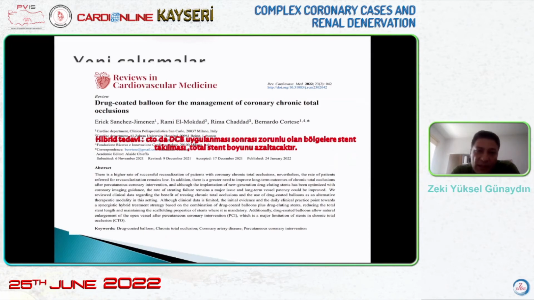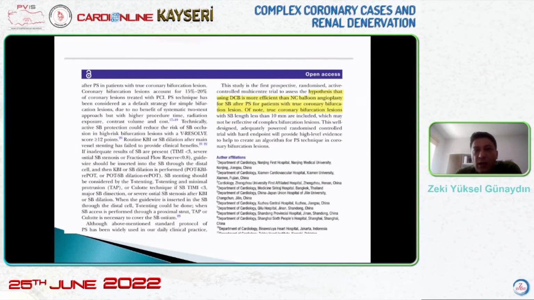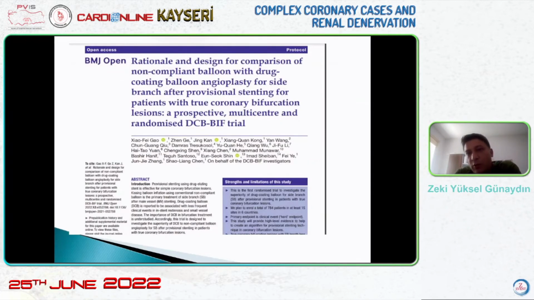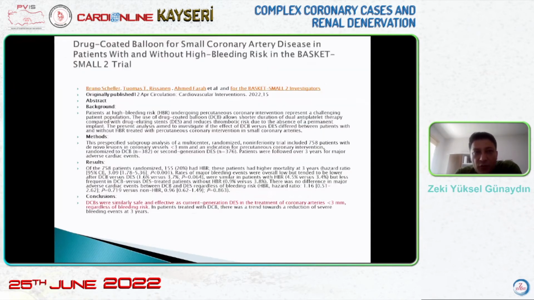Drug-coated balloon use will decrease the total stent length in a review, and especially in 0,1,1 or 0,1,0 bifurcation lesions, when we place a provisional stent, a drug-coated balloon can be administered to the side branch, which is superior to the normal balloon in this study.